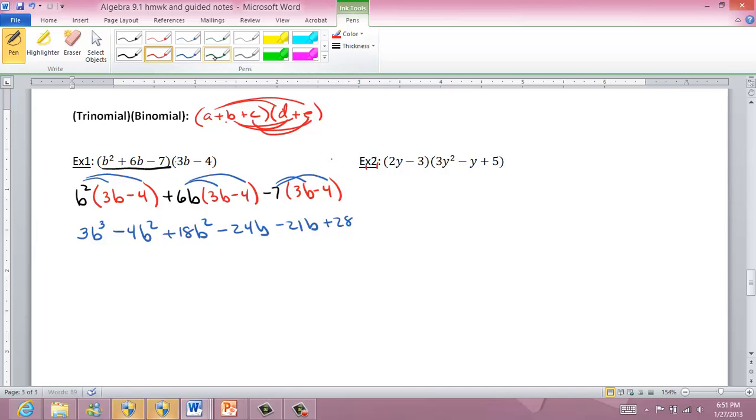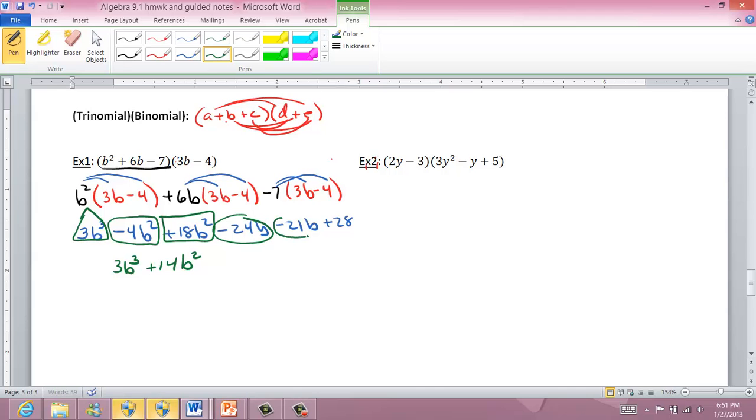You'll notice we do end up with a lot more like terms that we have to combine. So starting with the 3b to the third, are there any other 3b's to the third we can combine? Nope, so bring it down. If I look at the negative 4b squared, okay, I can combine that with the 18b squared. Now, negative 4 plus 18 is positive 14, so we would add this term.